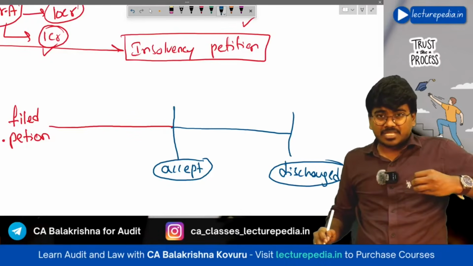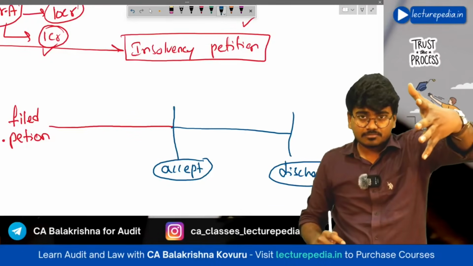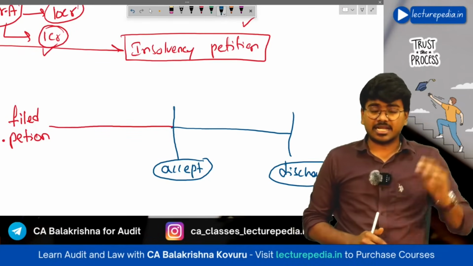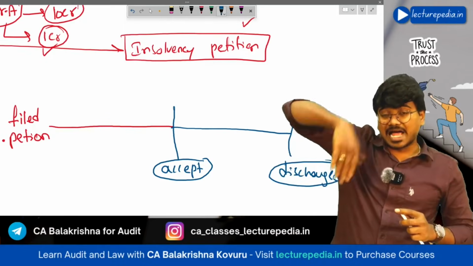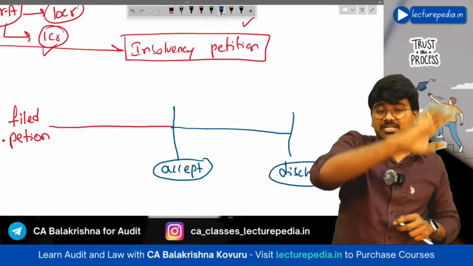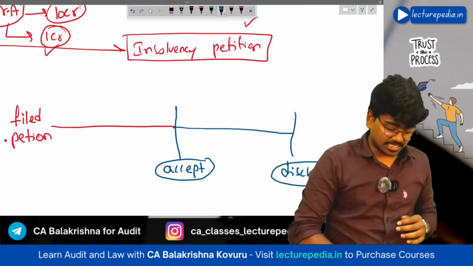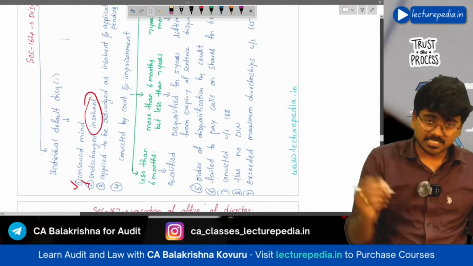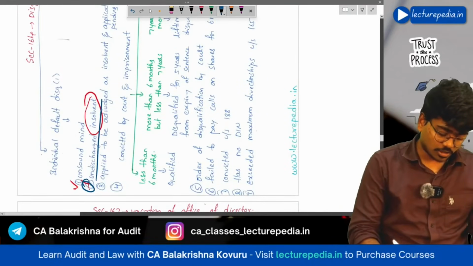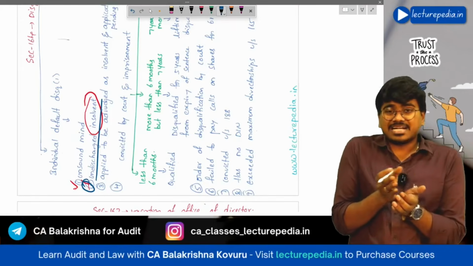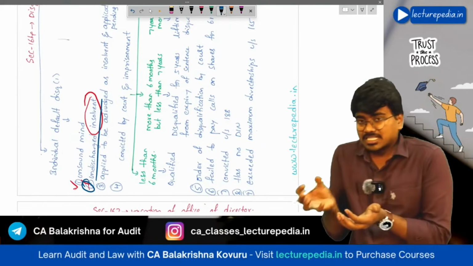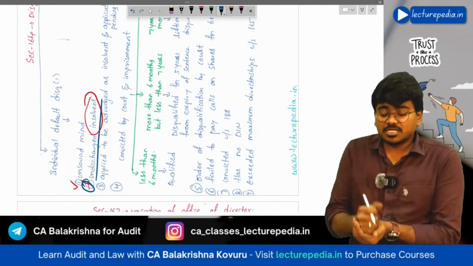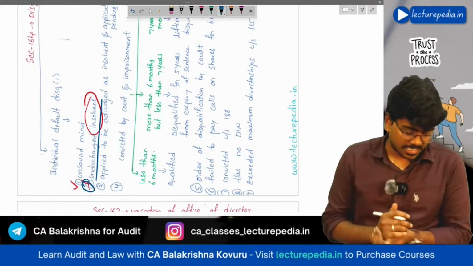By the time he files a petition, will he get disqualified as a director, or after the court accepts his petition will he get disqualified? Basically there are 3 points. First, the second point here is undischarged insolvent. If the court has not yet discharged him from the insolvency, in this situation he will be disqualified to be appointed as a director.